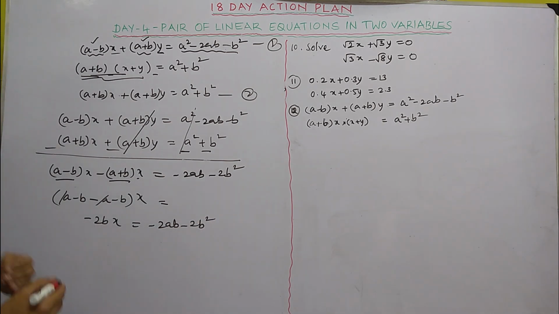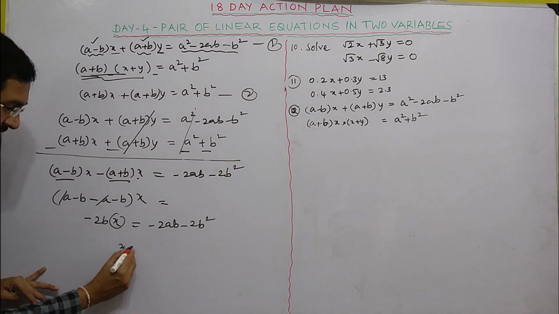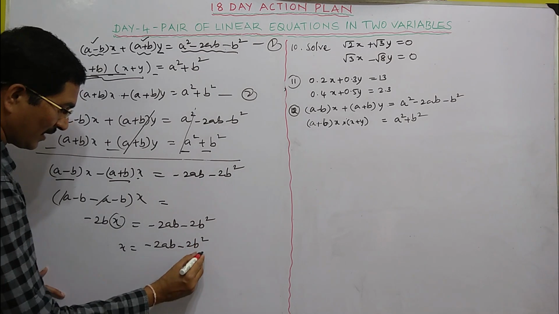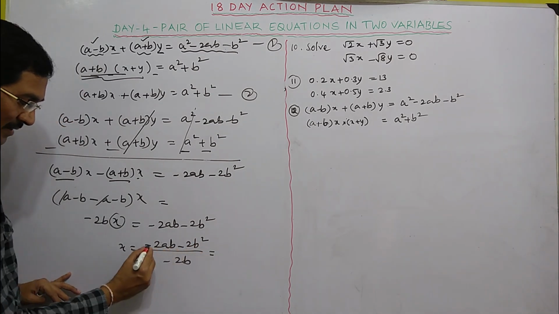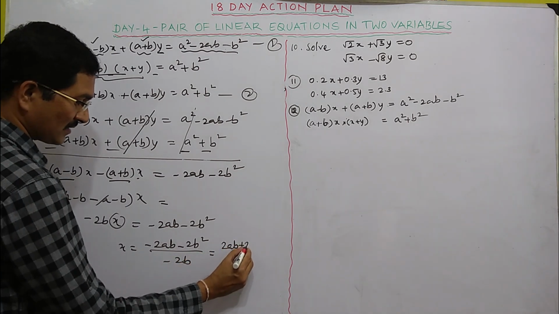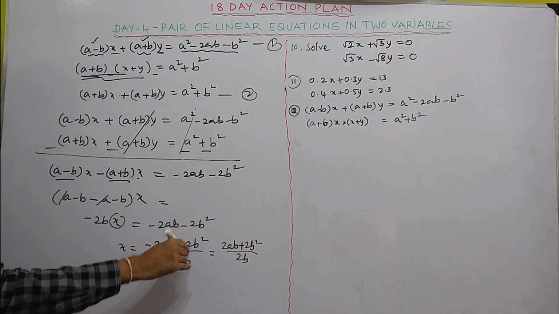Now we have to find out the value of x. So let this x be here, take away all of these to that side. So x is equal to (−2ab − 2b²) / (−2b). So if you take minus common, it becomes (2ab + 2b²) / 2b. Yes or no? Minus minus get cancelled.